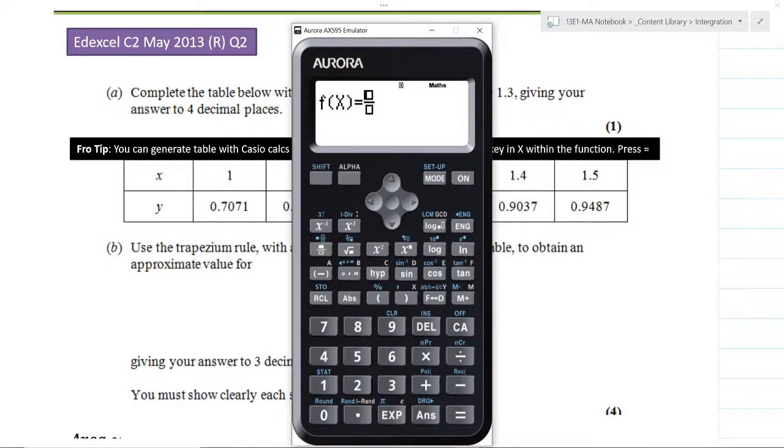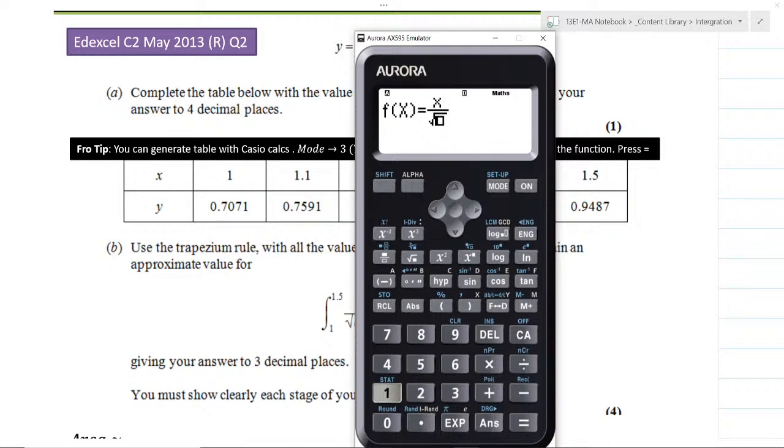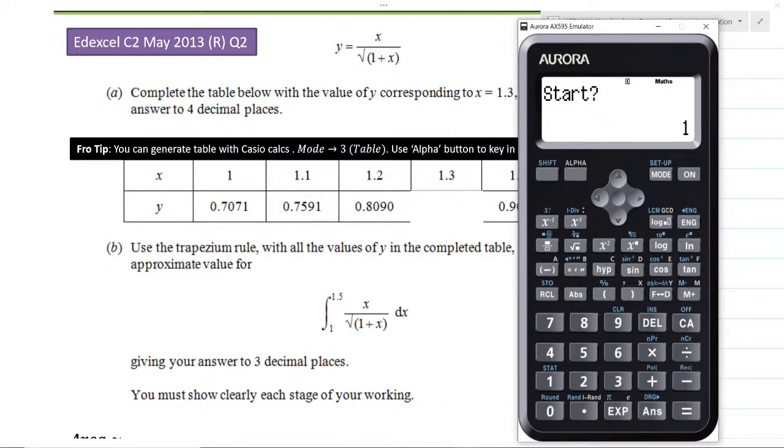So if I type in here alpha x over the square root of 1 plus x, equals, start at 1, end at 1.5. There we go. Yeah, everybody all right with that?